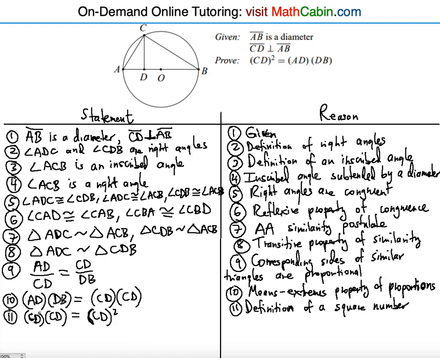So now CD times CD is CD squared. So now we can use the transitive property. Since AD times DB is CD times CD and CD times CD is CD squared, then we can use the transitive property and look at this diagonally and say that AD times DB is equal to CD squared. Okay? And this is, of course, the transitive property of equality.